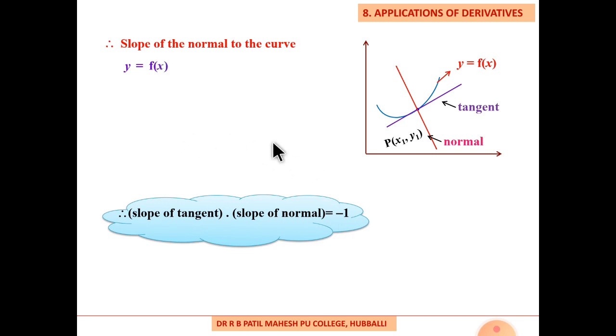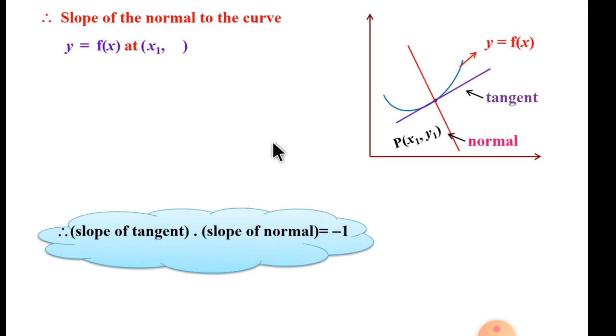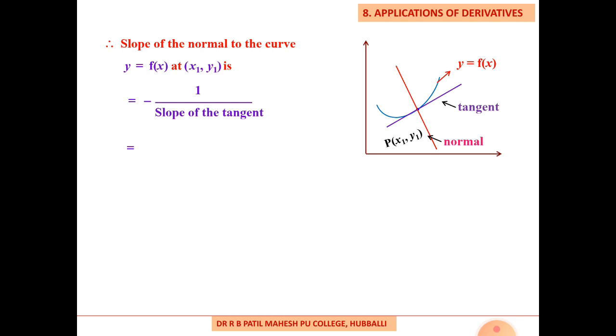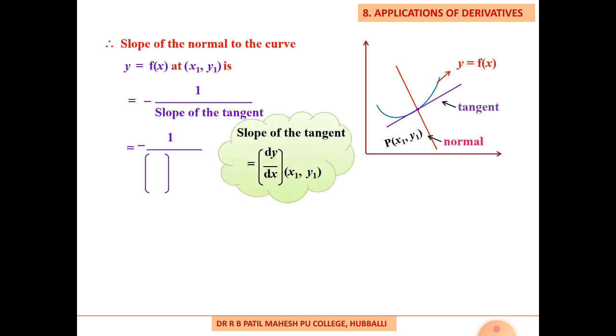So the slope of the normal is minus 1 divided by the slope of the tangent, that is minus 1 by dy by dx at (x1, y1). So this is the slope of the normal.